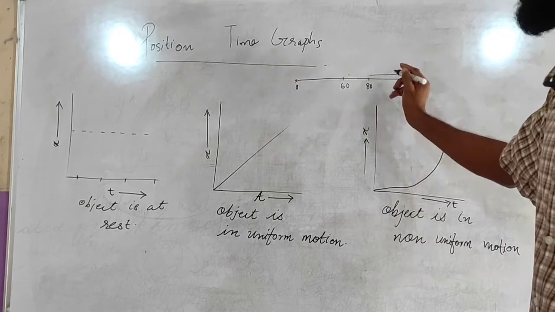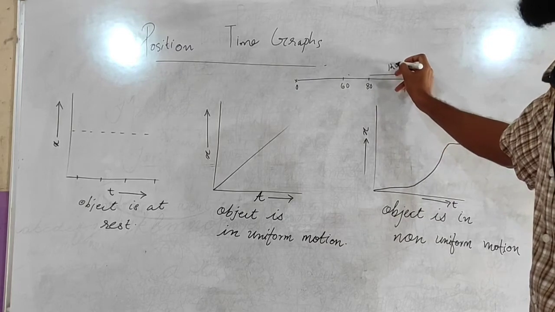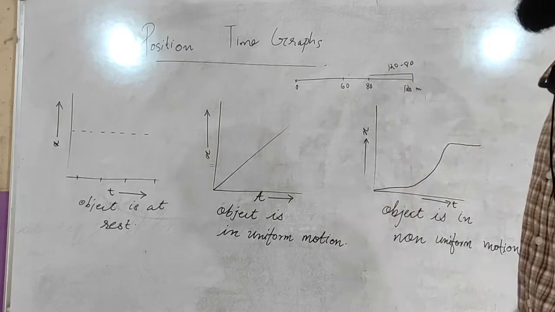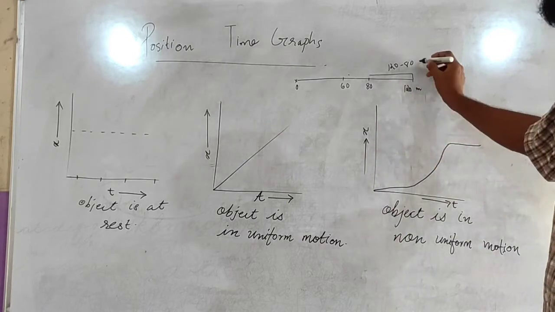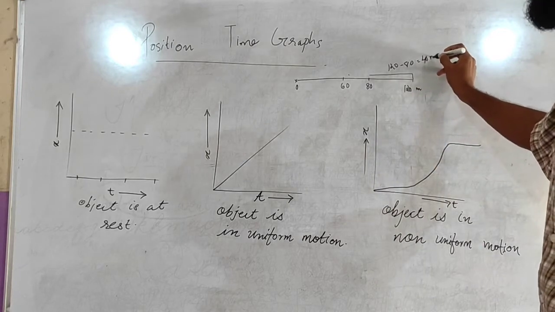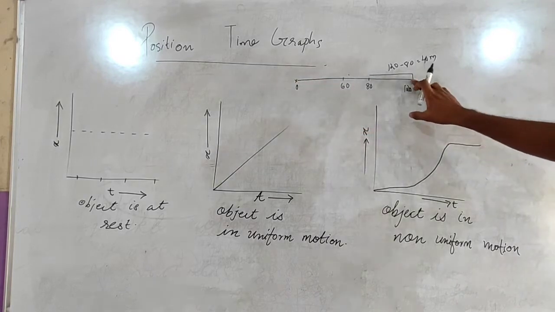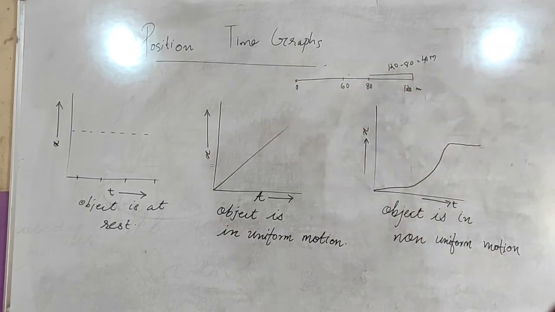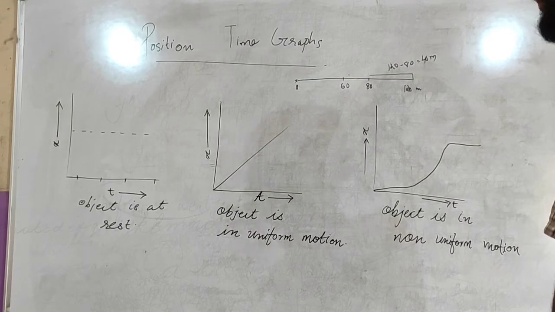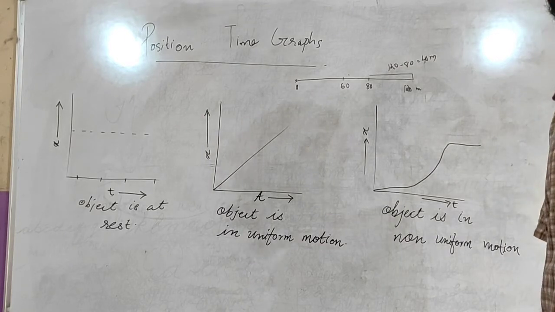This distance will be 120 minus 80, which is equal to 40 meters, and the total path length will be equal to 120 plus 40, that is 160. So regarding the path length, we have already discussed that one.